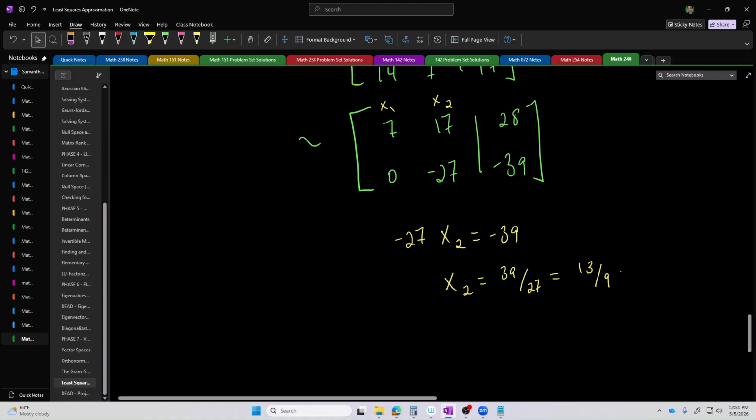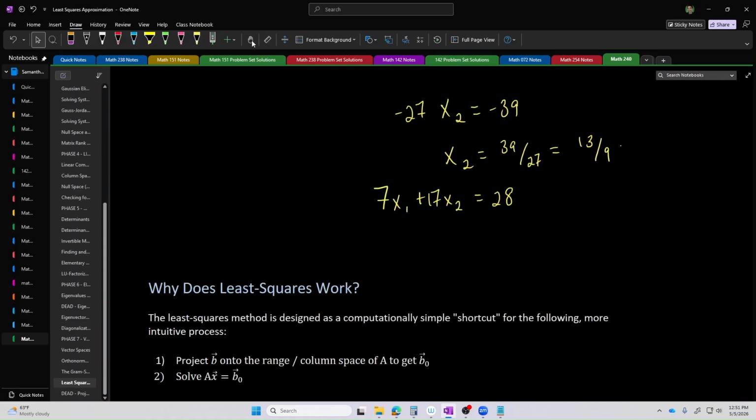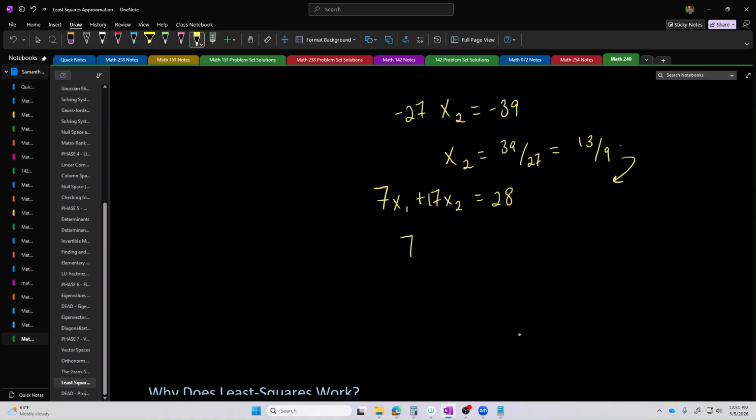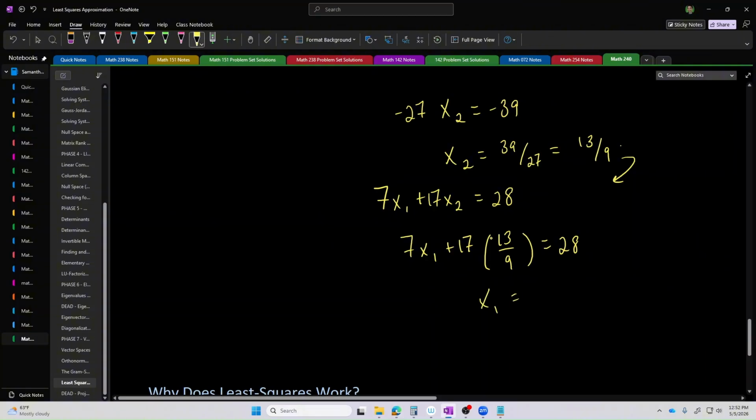And then if I plug that back into the equation from the first row, 7x1 plus 17x2 equals 28, we're going to get another relatively messy solution. 7x1 plus 17 times 13 over 9 equals 28. Evidently, the solution works out to be x1 equals 31 over 63.